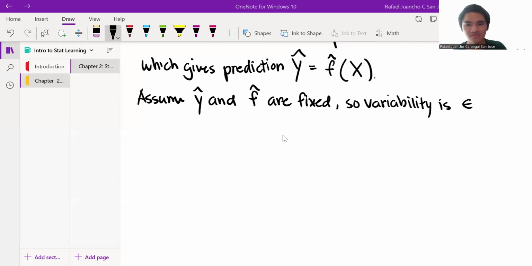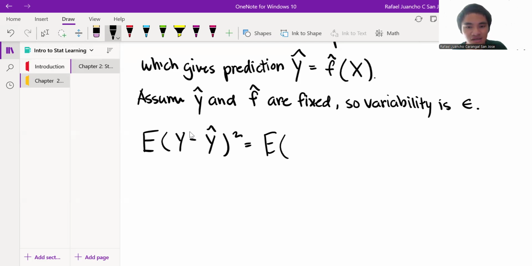Well, it is easy to show that this E of (y minus y tilde) squared is equal, God, it's been a while since I've done stats.